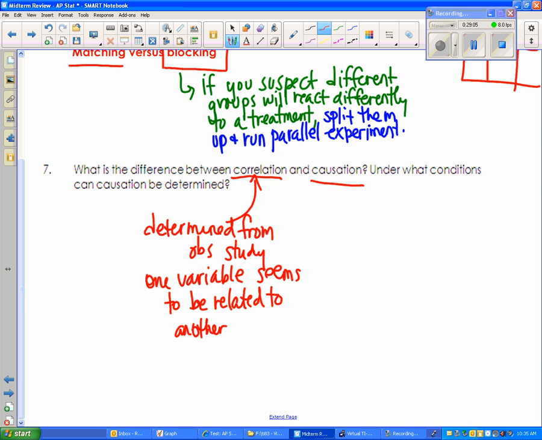Unless you have performed an experiment where you've controlled lurking variables, and you've used randomization to control any kind of bias or response, we can't determine causation.